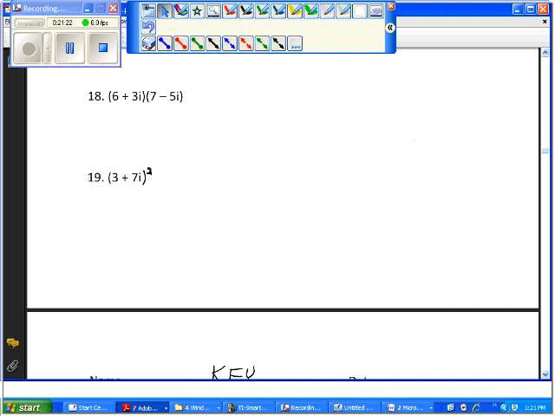All right, number 19, the square means what? Times itself. Question, can you distribute that? Why not? Because that's an exponent happening to addition, and we can only distribute onto a one lesser operation.